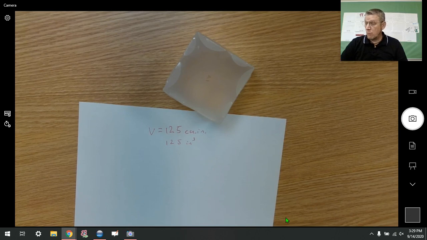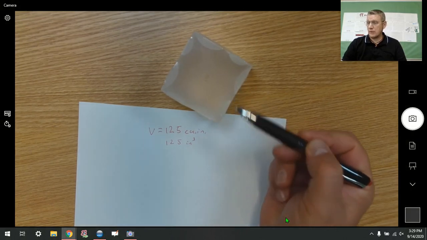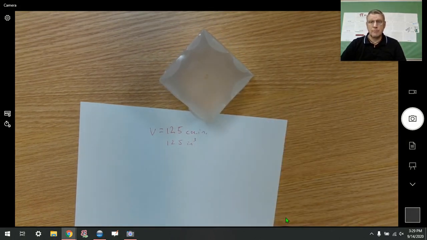So what I want to find out now is the dimensions of this cube. What's my length, width, and my height of this cube?